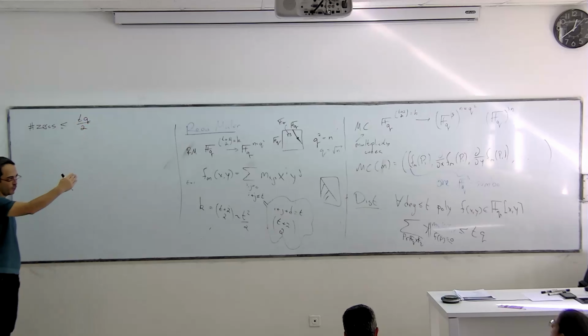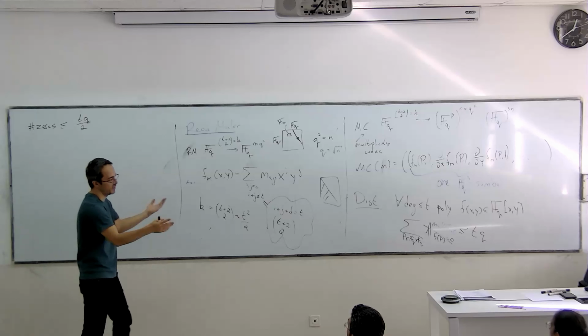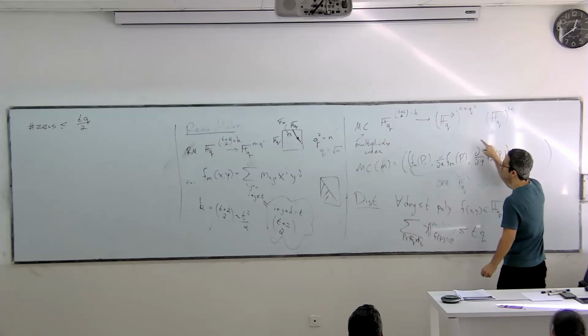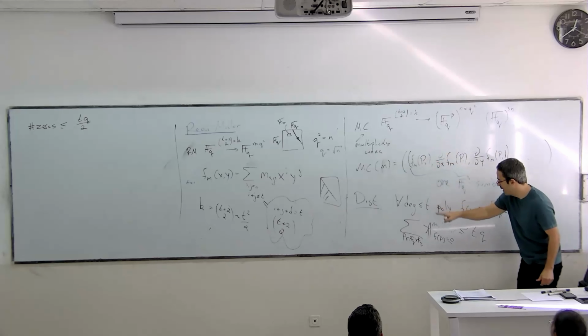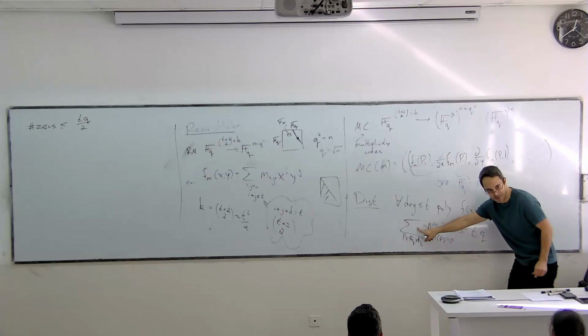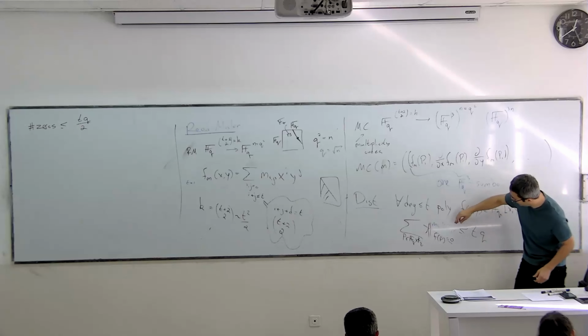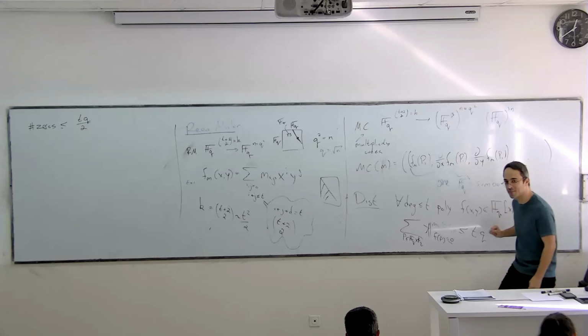I'm now saying how many 0 triplets there could be. So every such 0 triplet, say P1, adds 2 to this sum. And so the number of zeros is at most TQ over 2, because each of them contributes 2.